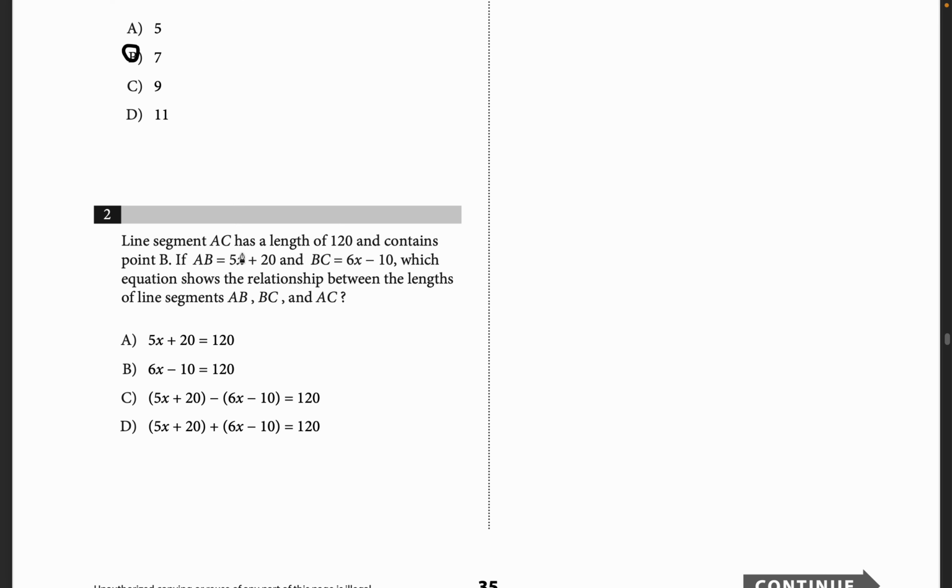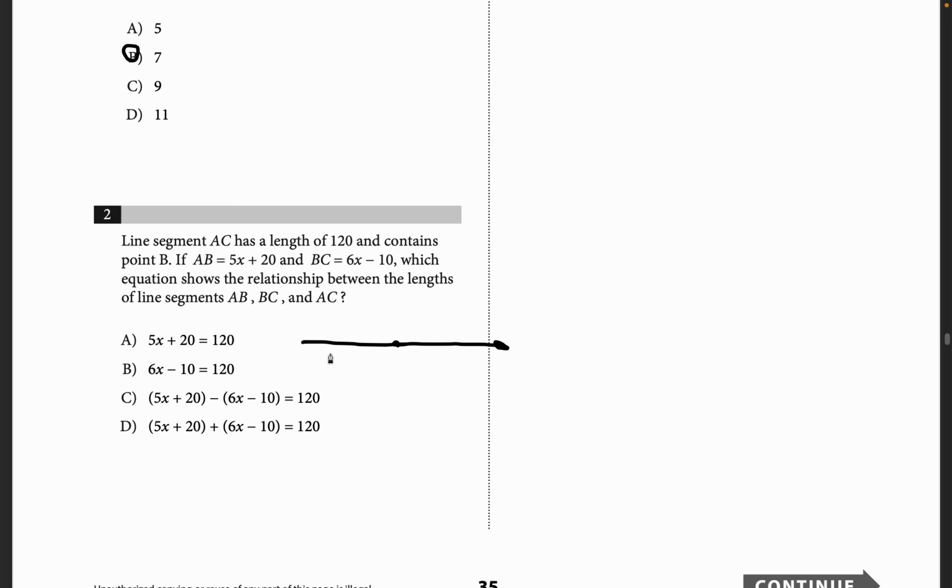Next, line segment AC is line. Okay, so the best thing to do with these segments or geometry is just draw it out. So if we have a segment, and then we have another segment.